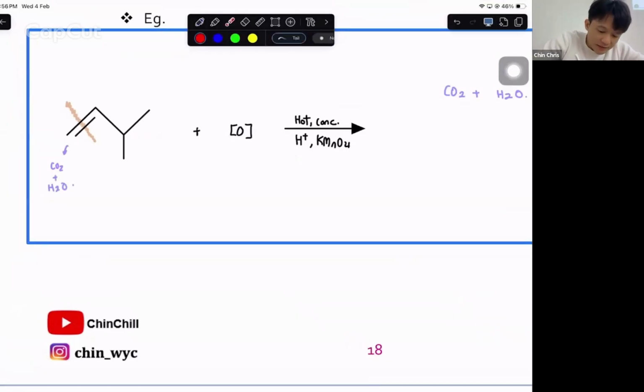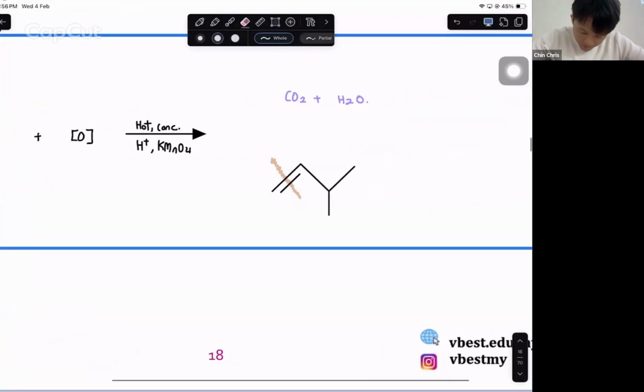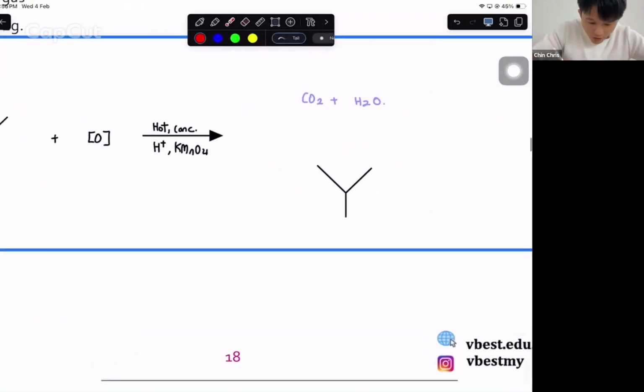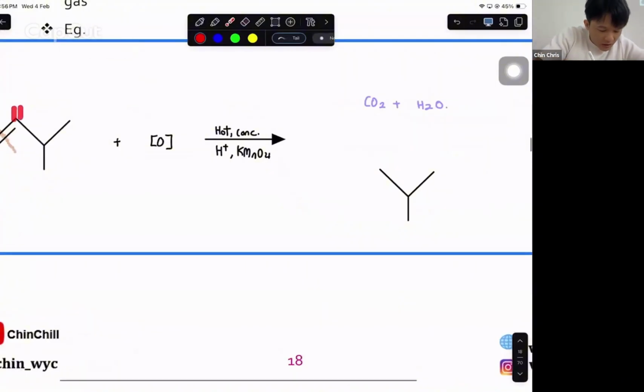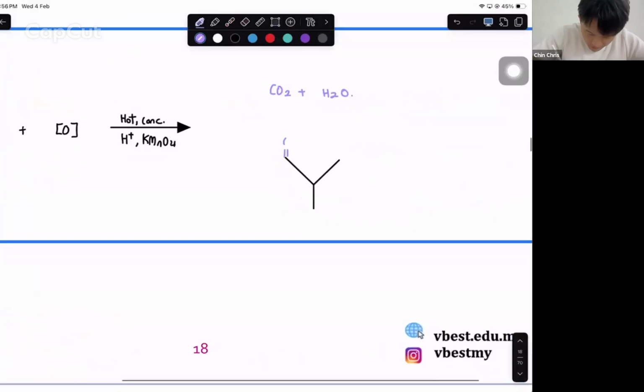Alright guys, what about this? Where is the carbon bonded to? One carbon, that's it, and one hydrogen here, right? If it's one carbon and one hydrogen, it's going to turn into a carboxylic acid. So I'll redraw this. This thing is going to turn into a COOH, a carboxylic acid.